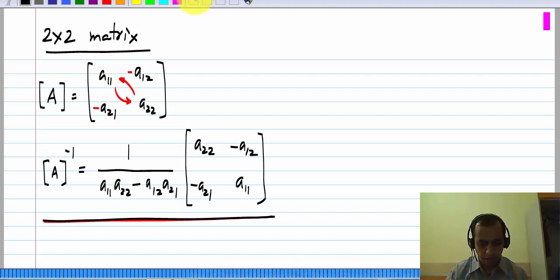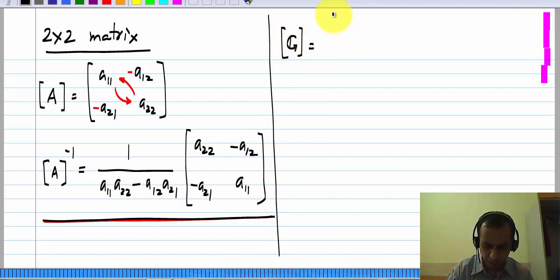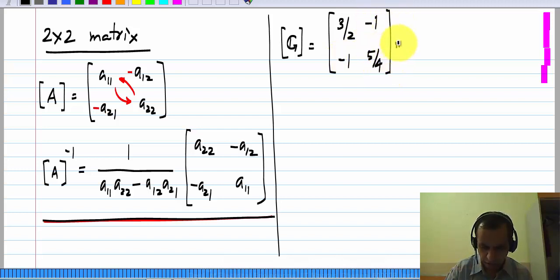Now you can go back to the example we had earlier, where we had a G matrix which was 3 by 2, minus 1, minus 1, 5 by 4 millisiemens.